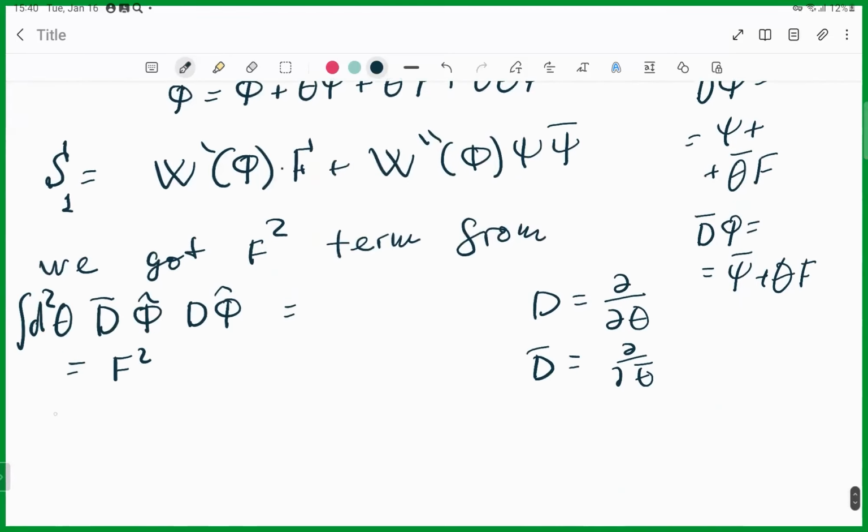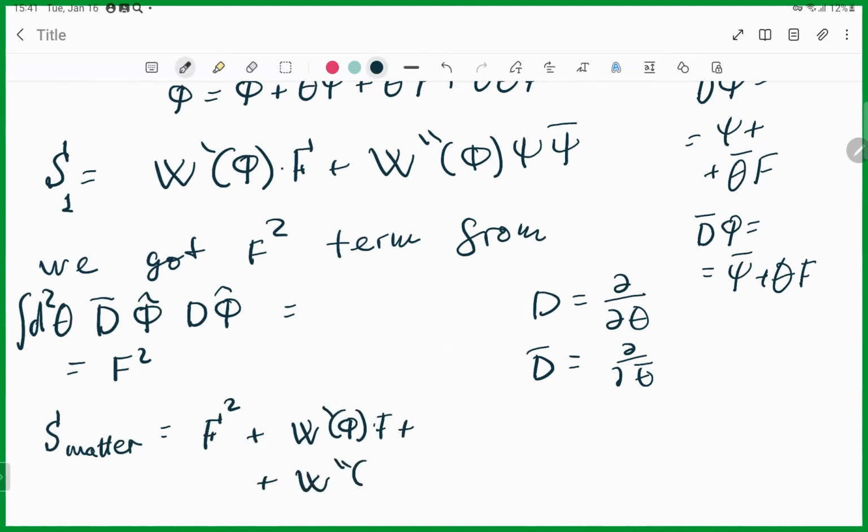So we have what is called the matter action in the form f squared plus W prime f plus W2 prime phi psi bar.